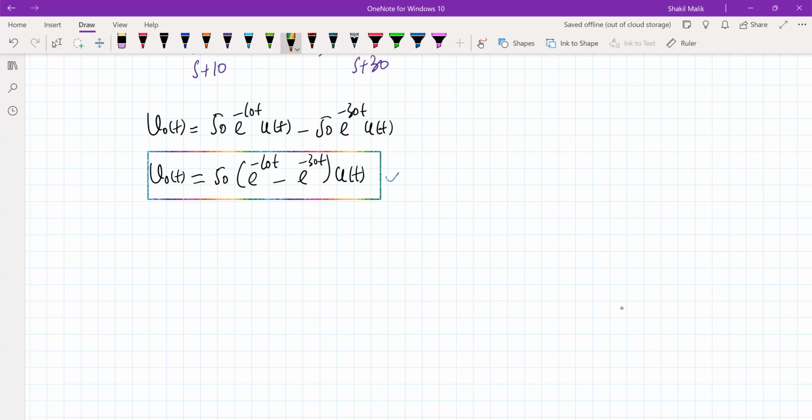Right. So we saw that using Laplace transform is very easy compared to the differential equation method. What is the important advantage that we get from this?